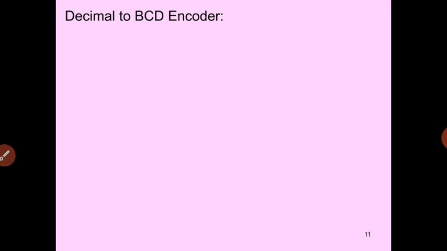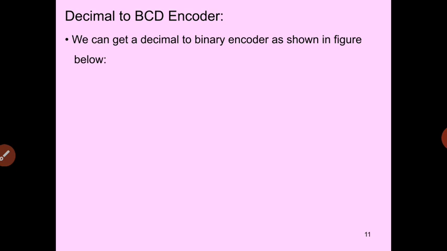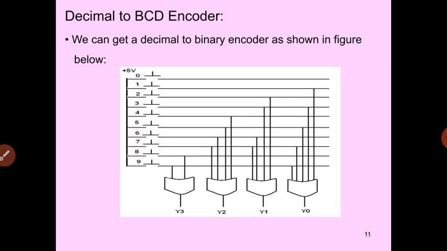In order to convert a decimal number into its equivalent BCD, we need to use a decimal to BCD encoder circuit. So we can get a decimal to binary encoder as shown in the figure below. This is the simple decimal to binary or decimal to BCD encoder circuit.